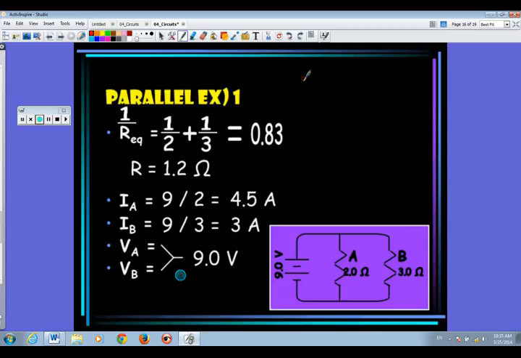Well, your equivalent resistance is 1 over R total equals 1 over 2 plus 1 over 3. You can find a common denominator, or just get some decimals. You know the current is different throughout each one. And then the voltage is the same as when you started.